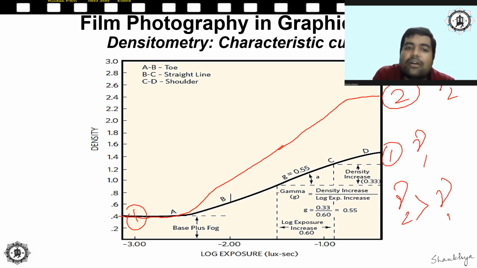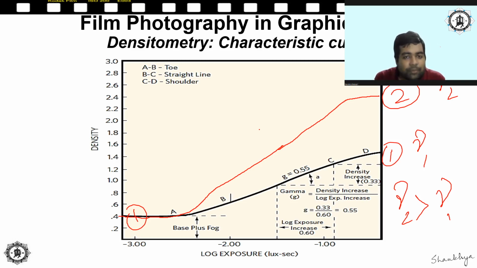Now the greater the slope of the straight line section of the characteristic curve for the film, the greater will be the contrast for that film and the lower will be the time of exposure, because as I already said, if the film is contrasty in nature, then it requires a lower amount of time of exposure, because very quickly it is going to get exposed.